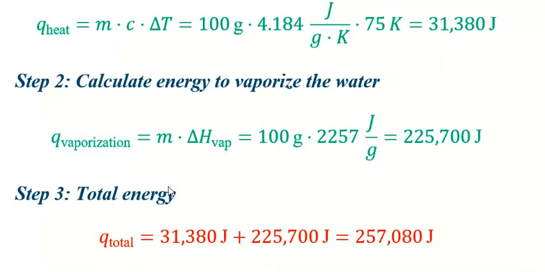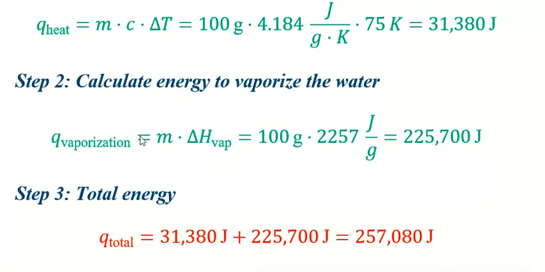What will be the formula? Mass multiplied by the enthalpy of vaporization. Mass is 100 gram, and the enthalpy of vaporization or heat of vaporization is 2257 joule per gram. The answer will be 225,700 joule.